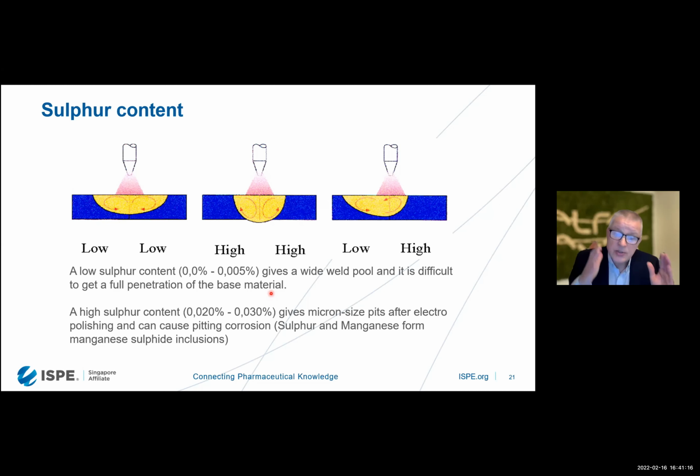So the sulfur content is actually quite important. If it is too low, you will get a wide welded area or heat affected zone. And if it's too high a sulfur content, you will get sulfur manganese inclusions, like porosity, in the welded area. And both of these will make it very difficult to passivate the welded area.